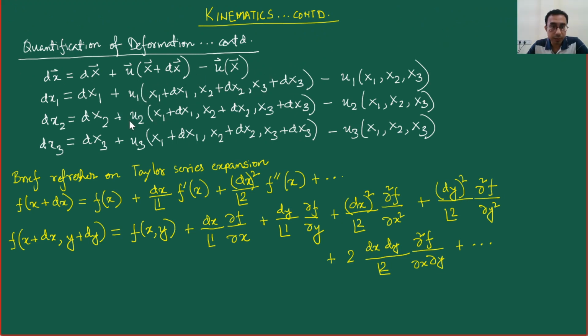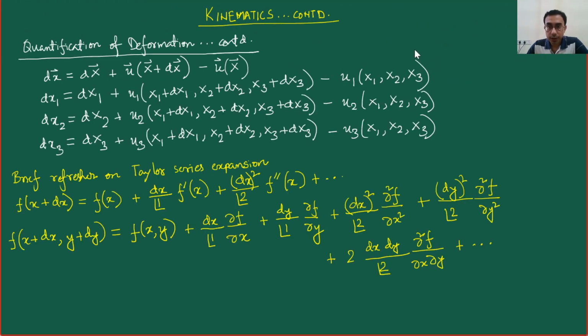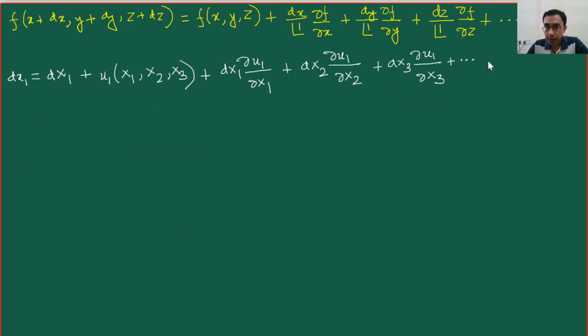This is completely separate. The u2 and the u3 are completely separate. Okay, and finally we have dx3 del u1 del x3 plus dot dot dot, and please do not forget that we have this term remaining at the end, the u1 x1 comma x2 comma x3. So we have to write that down also.